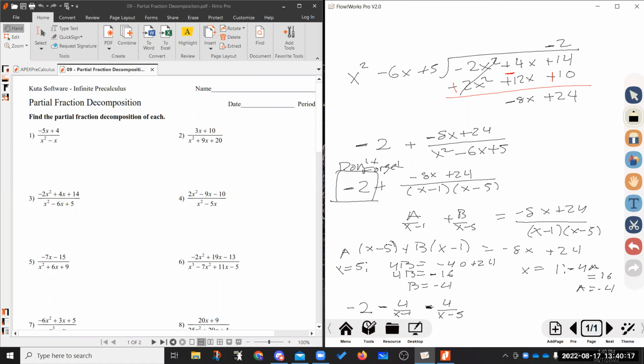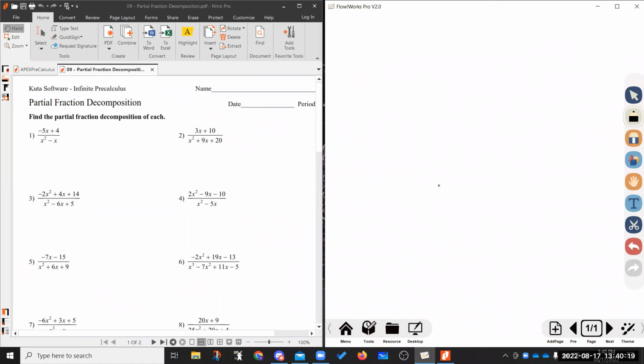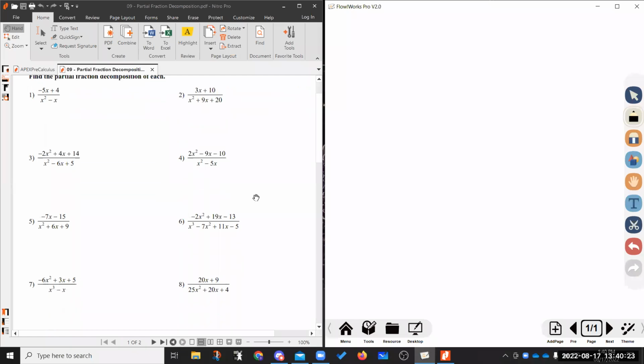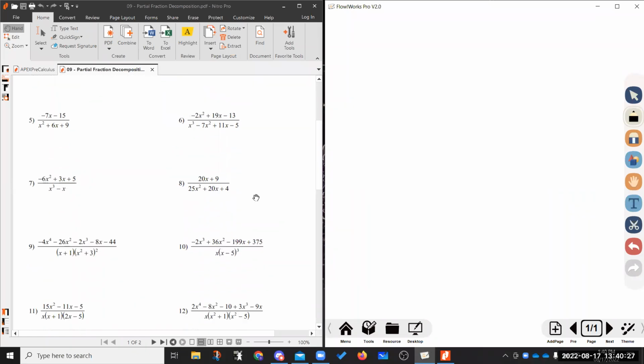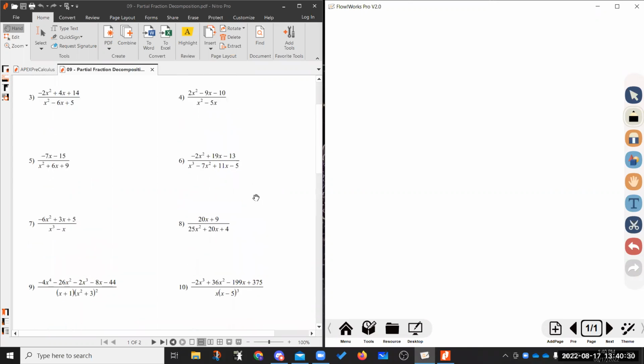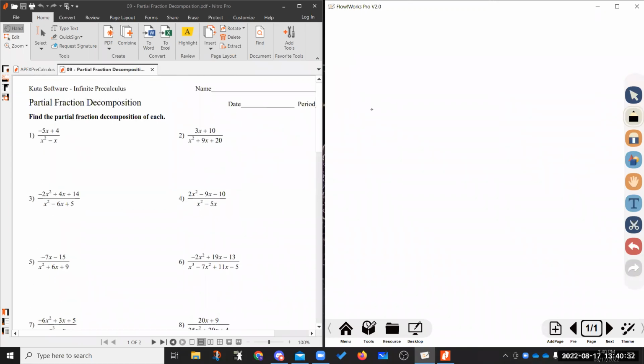Let's do another example like that, where the degree of the top was greater than or equal to the degree of the bottom. And do number 4. 2x squared minus 9x minus 10 over x squared minus 5x.